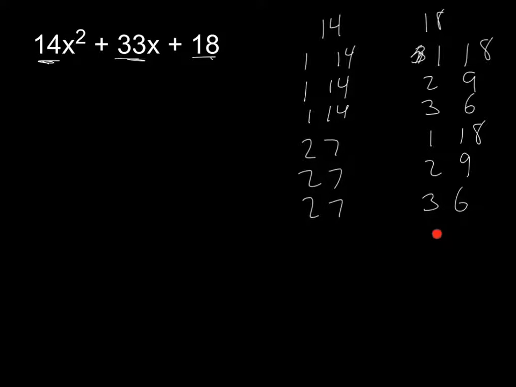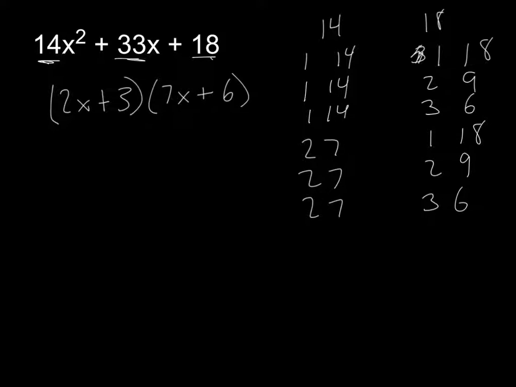2 times 6 is 12. 7 times 3 is 21. We have a winner. 12 and 21 do indeed add up to give me 33. So we're going to work with 2x plus 3 and 7x plus 6.